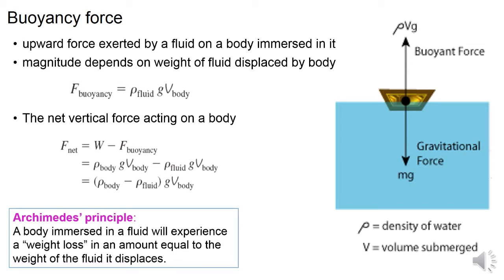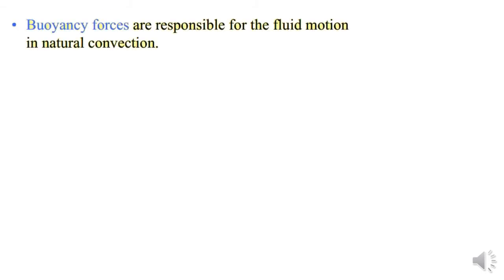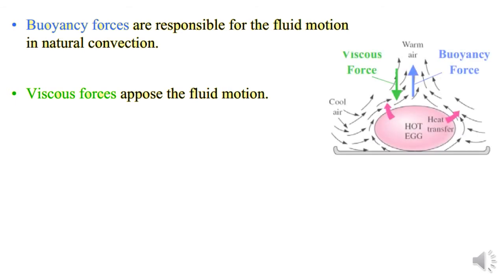This is the Archimedes principle, which states that a body immersed in a fluid will experience a weight loss in an amount equal to the weight of the fluid it replaces. Buoyancy forces are responsible for the fluid motion in natural convection, and viscous forces oppose the fluid motion.